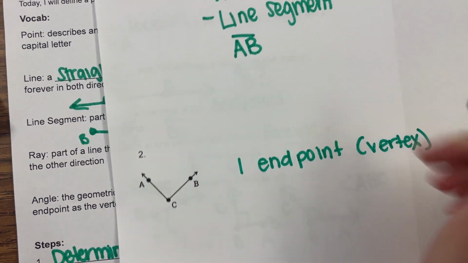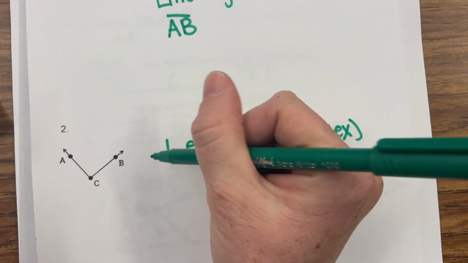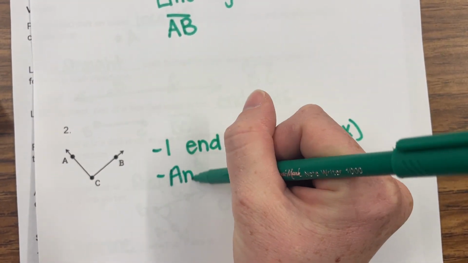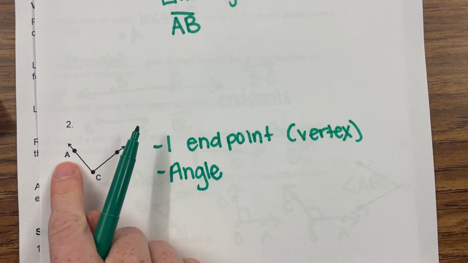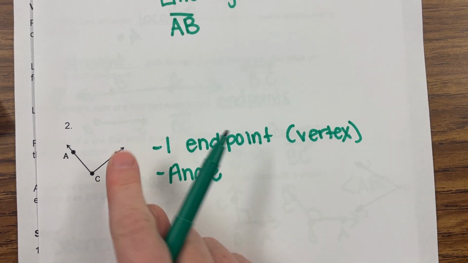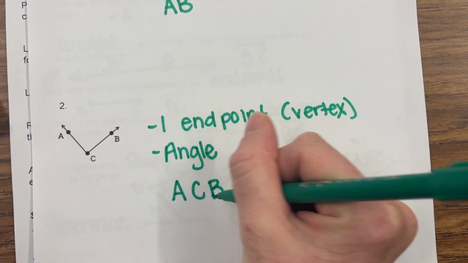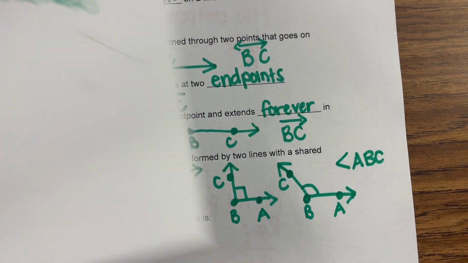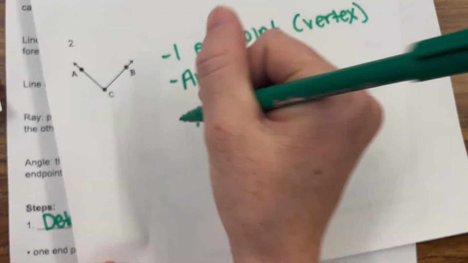The only one that has a vertex is our angle. So this one is known as an angle. When I look at this, it goes A, C to B. So it goes from A, C to B. And now I need to see, how do I label it? Oh, I label it with that less than sign.